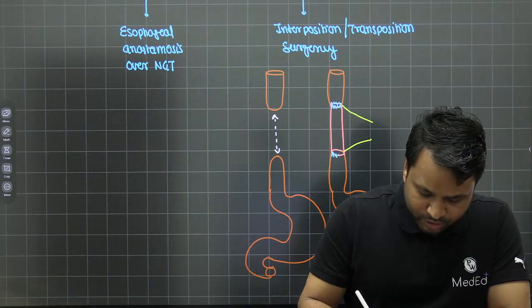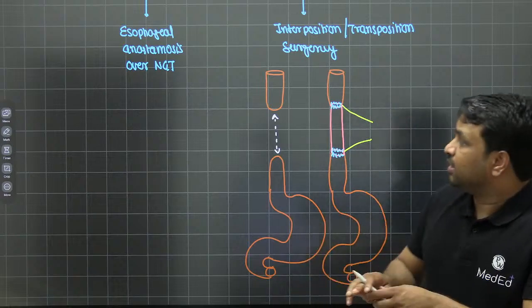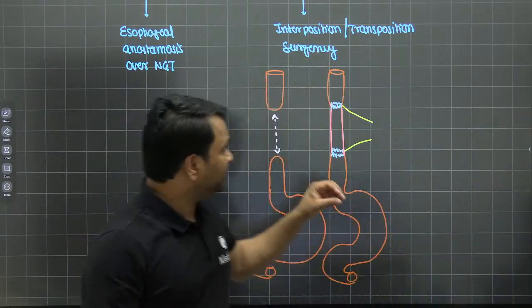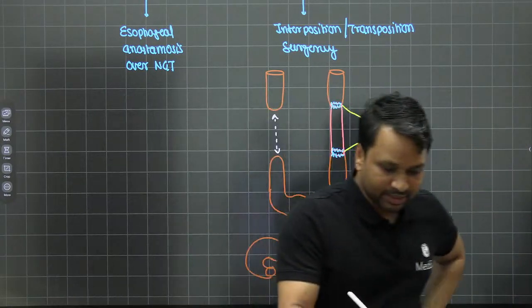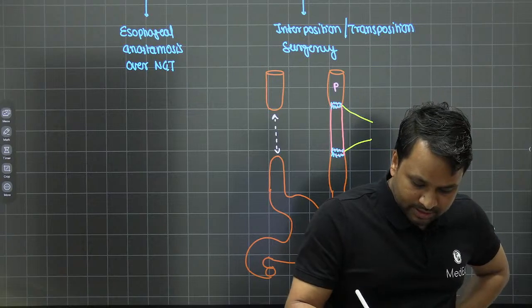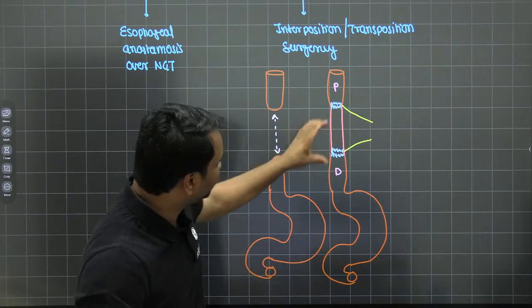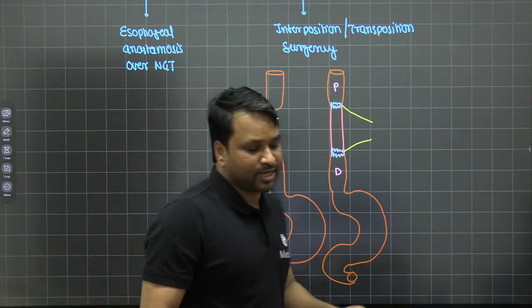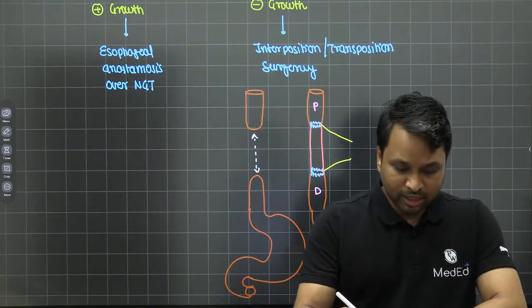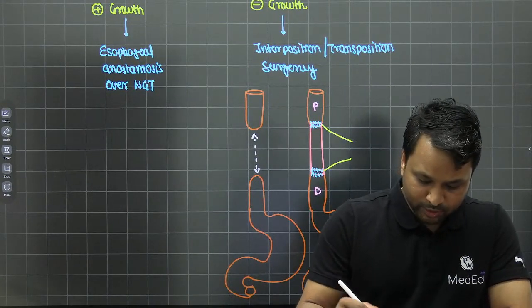So whenever you position a bowel between these two ends, right? I have positioned a bowel to sit between the proximal and the distal end. This is the proximal end, this is the distal end. To maintain the continuity, I've put a new bowel, and this is what we call a transposition or an interposition surgery. Normally, what are the loops that you can use, right?